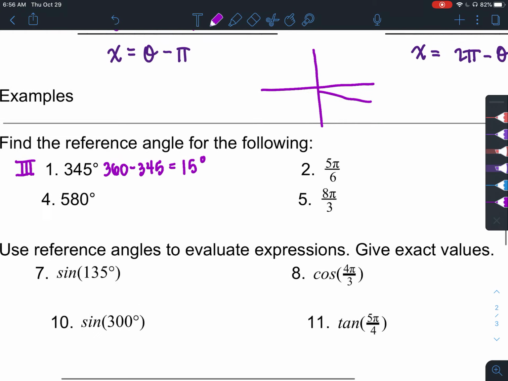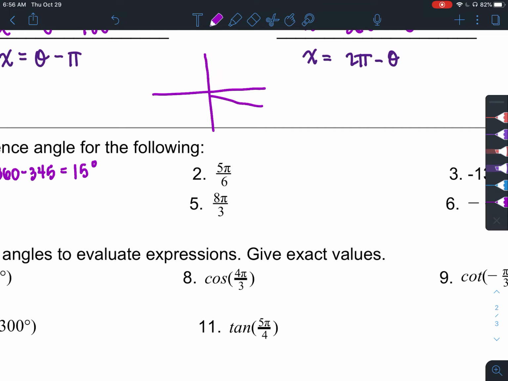All right, second up, I've got 5 pi over 6. So we've got 1 pi over 6, 2 pi over 6, 3 pi over 6, 4 pi over 6, 5 pi over 6. So 5 pi over 6 is in the second quadrant.